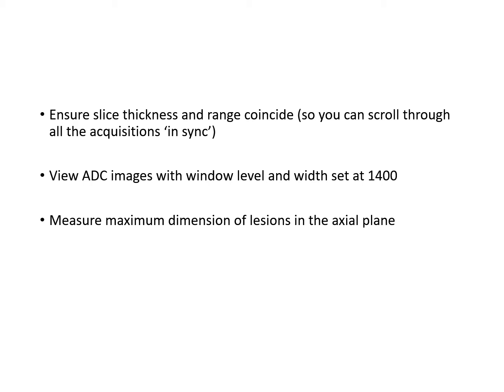So if you've got the T2, diffusion and contrast, you can lock them and scroll through all of them together, and then you can cross correlate between the sequences. That's what you should do really. For the ADC images, it's a good tip to have the window width and level set at 1400, and that helps to highlight the lesions. And when you measure a lesion, you measure it in the axial plane.